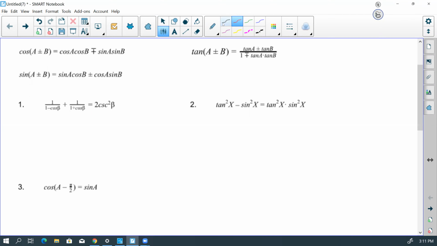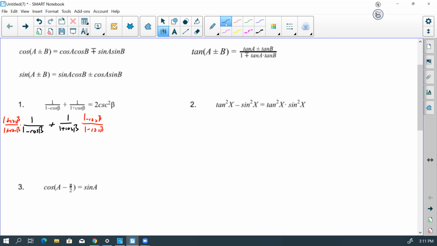So for number one, I got 1 over 1 minus cosine of beta plus 1 over 1 plus cosine of beta. And to get a common denominator, I'm going to multiply this by 1 minus cosine beta over 1 minus cosine beta, and this one by 1 plus cosine beta over 1 plus cosine beta.